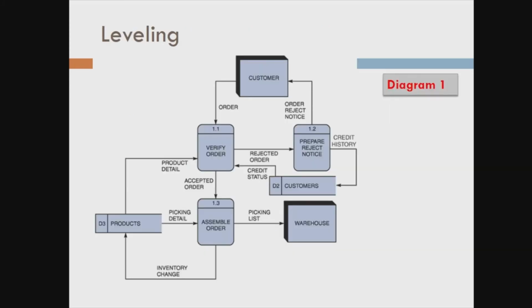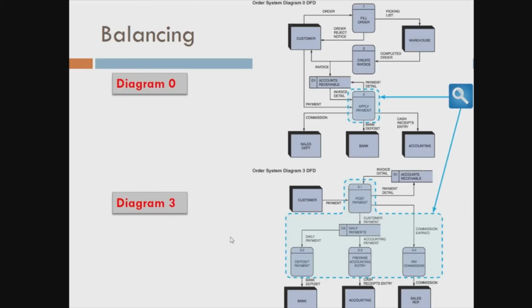Okay, this is one example of leveling. So you put 1.1, 1.2, 1.3. It means you know what the first process, the second process, and the third process are. This is diagram 0.